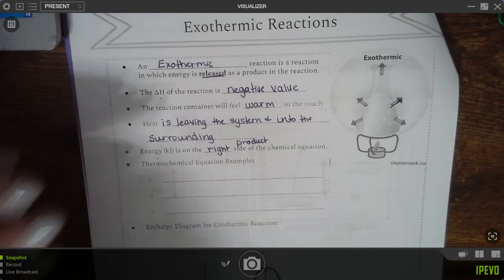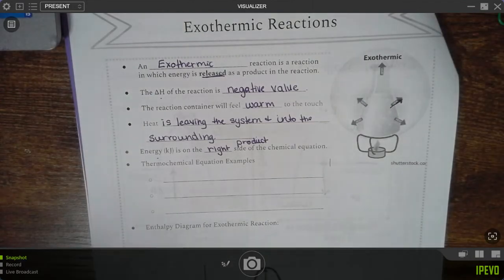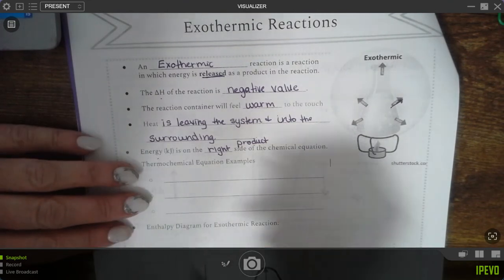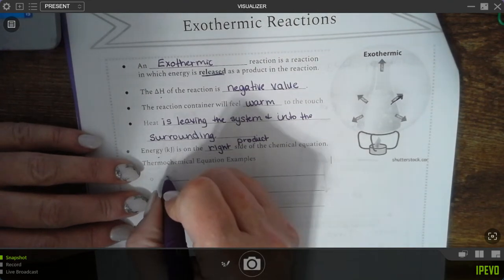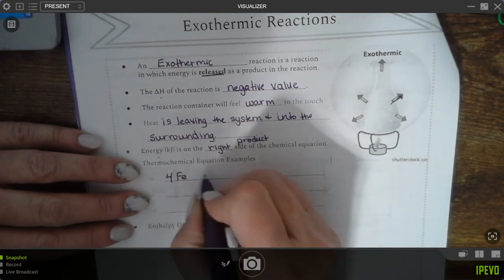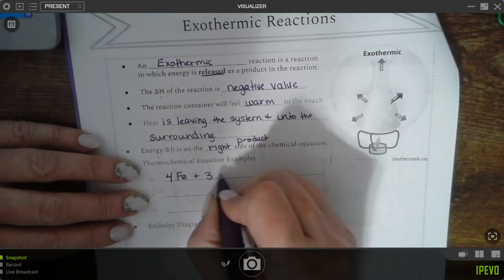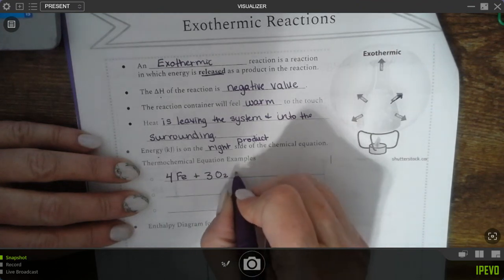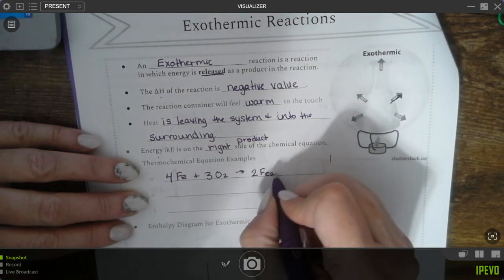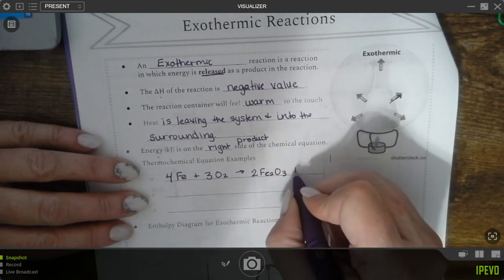There's three ways that we might see an exothermic reaction represented. I'm just going to write these equations. This is a chemical reaction where we're reacting iron plus oxygen, and we are going to produce iron oxide plus heat.